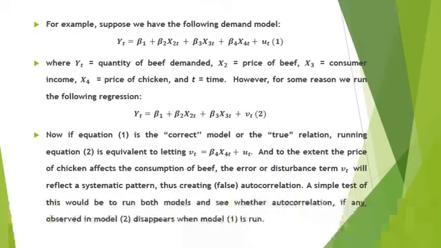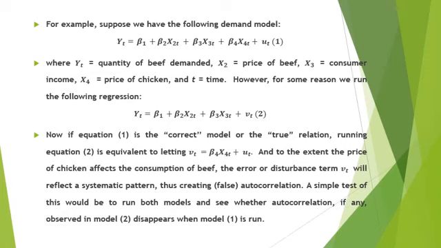Generally, we express the quantity demanded for a commodity as a multivariate function of the price of the commodity, income of the consumer, and price of related or substitute goods.